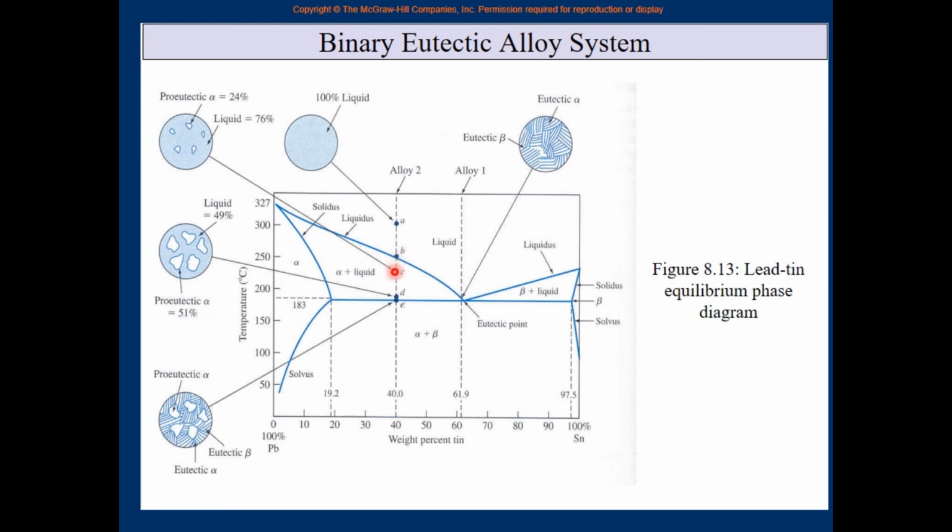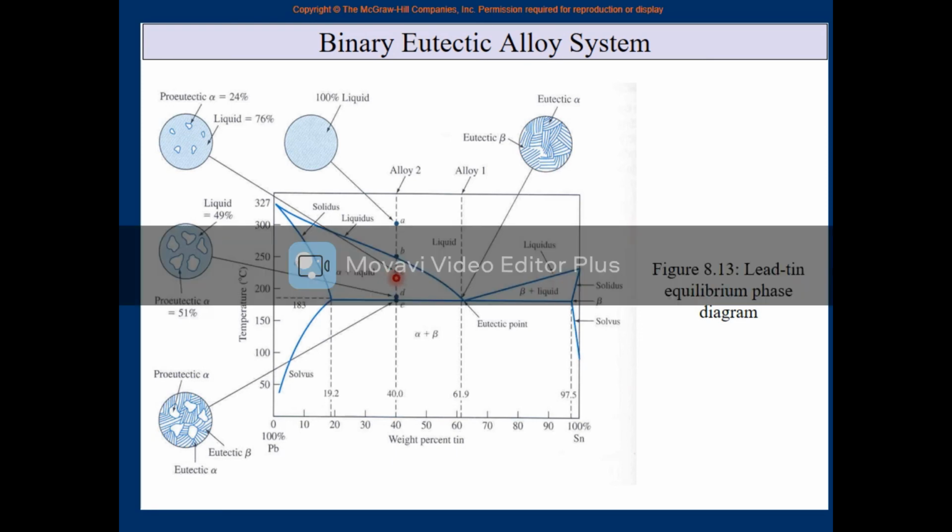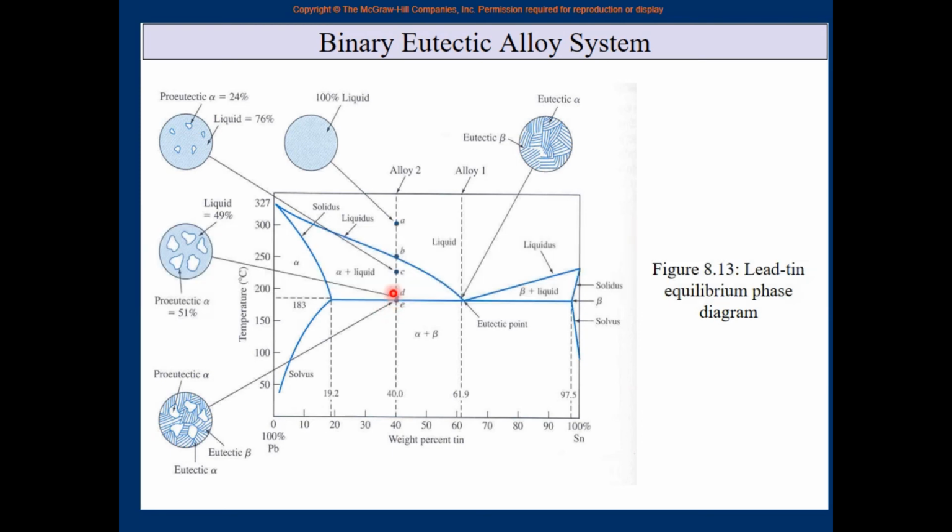When we reduce the temperature, more of the liquid has changed into alpha solid, say 30%. When we go to point D, reducing the temperature further, which is very close but still above the eutectic line, then maybe 90-95% of the liquid has changed to alpha solid.